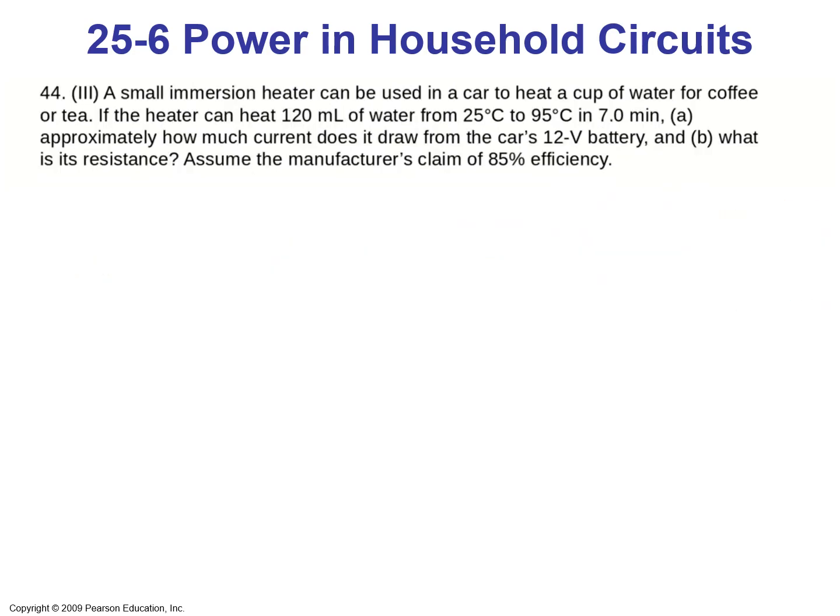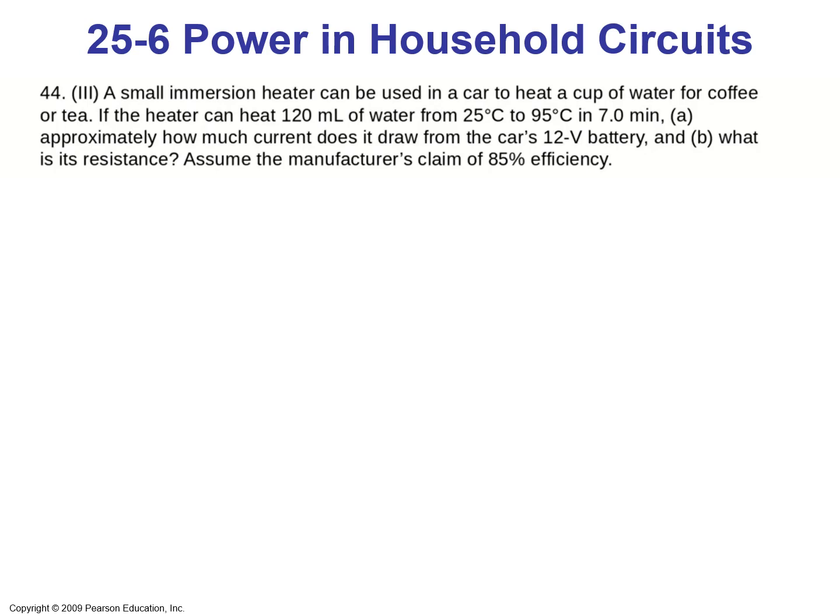Another example, problem number 44 from the book. A small immersion heater can be used in a car to heat up a cup of water for coffee or tea. If the heater can heat 120 milliliters of water from 25 degrees Celsius to 95 degrees C in 7 minutes, A asks approximately how much current does it draw from the car's 12-volt battery, and B, what is its resistance?